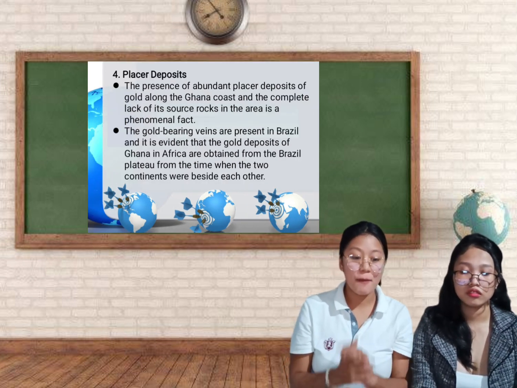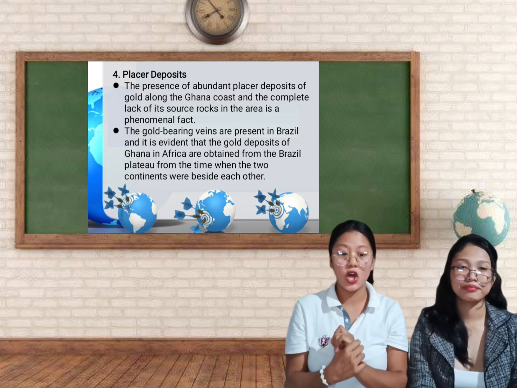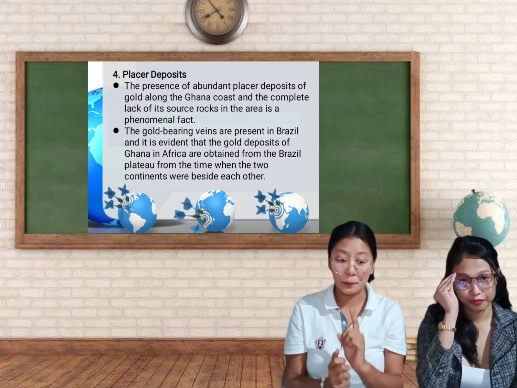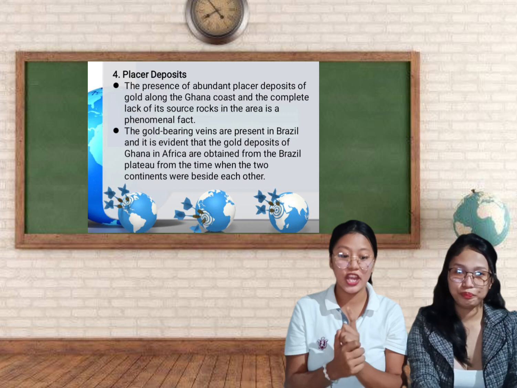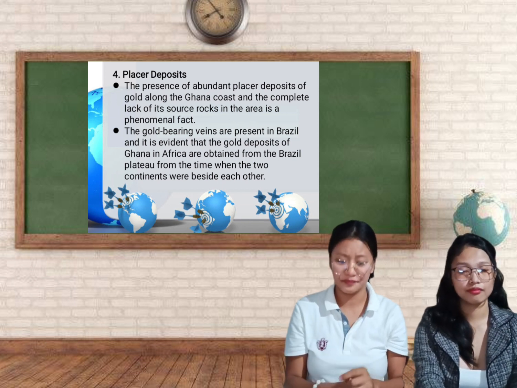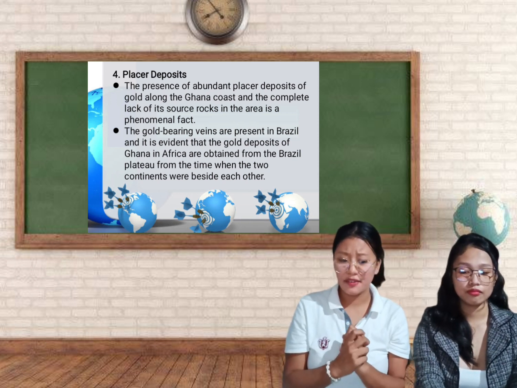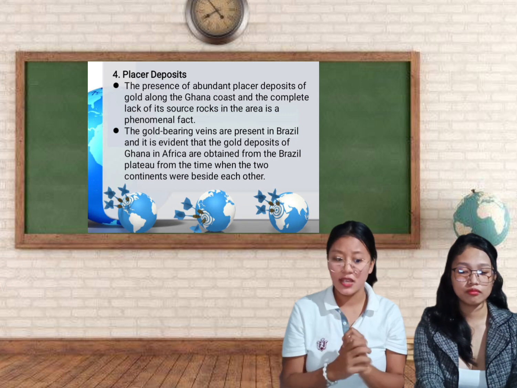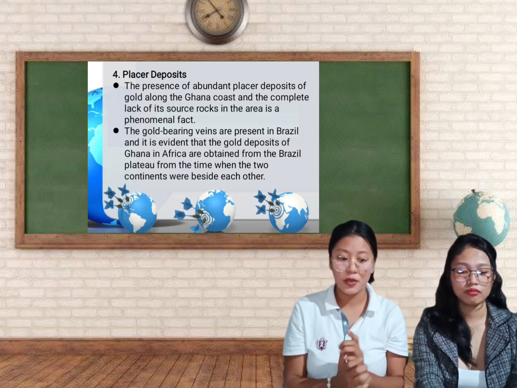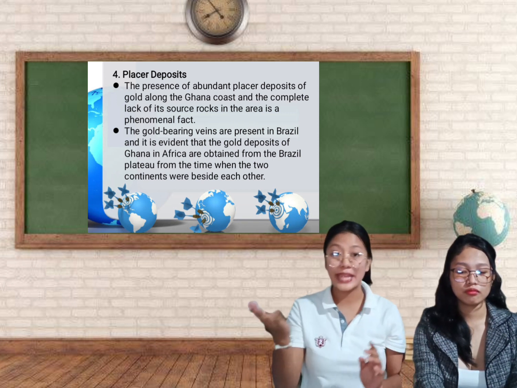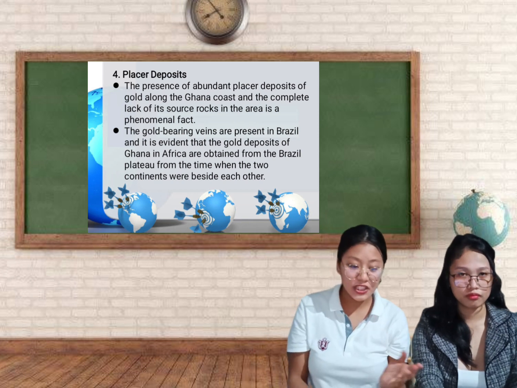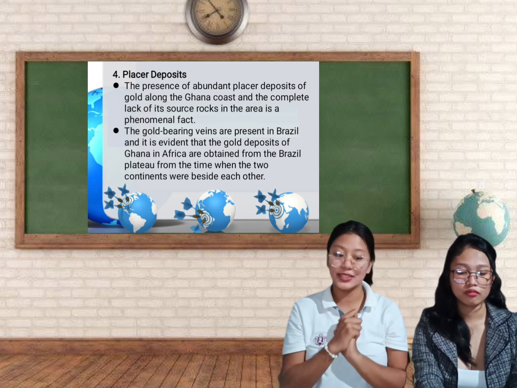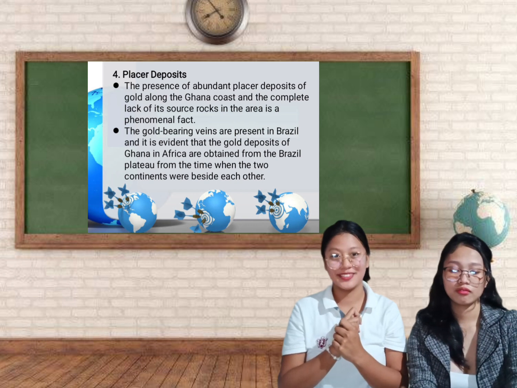And the fourth one is the placer deposits. The presence of abundant placer deposits of gold along the Ghana coast and the complete lack of its source rocks in the area is a phenomenal fact. Then the gold-bearing veins are present in Brazil, and it is evident that the gold deposits of Ghana in Africa were obtained from the Brazil plateau from the time when the two continents were beside each other.